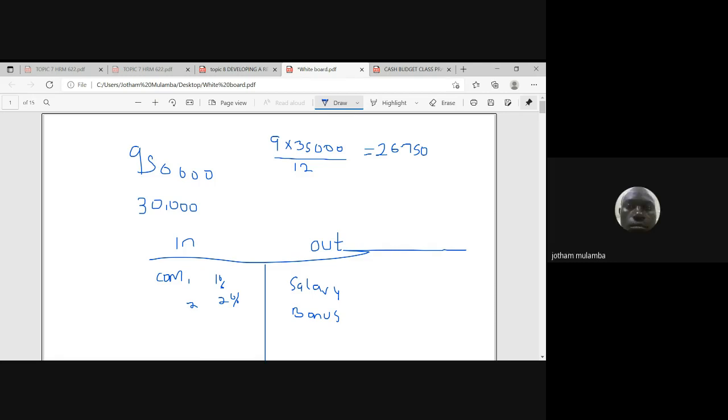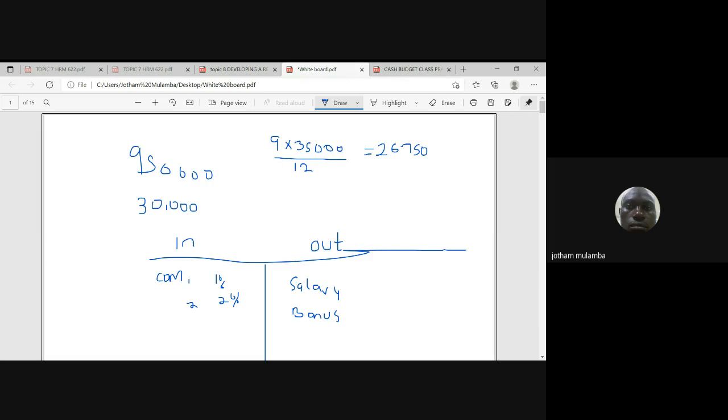So in that case, we are talking about 2 avenues of cash out. The first avenue is salary. The second avenue is bonus. For bonus, it's 140. We'll multiply by the number of units if they sell any units above 20. So that's no problem. We'll compute once we get there.